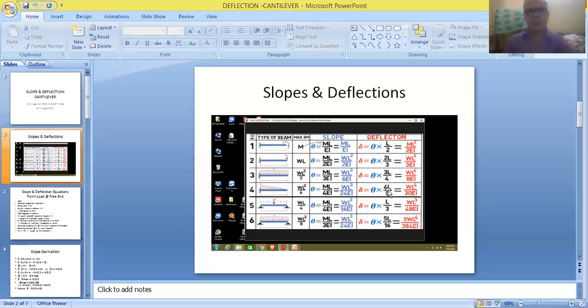Only the numerical values are changing here: 2, 3, 6, 8, 16, 48, 24, 5 by 384. But those parameters are very, very important: load acting on the beam, length of the beam, Young's modulus, moment of inertia. These 4 parameters appear in all the equations in all these situations. So friends, this is about the preparation of the table.